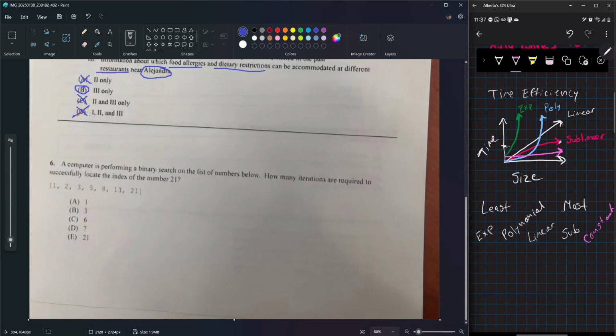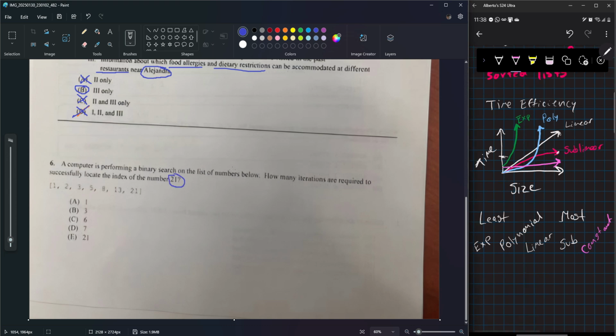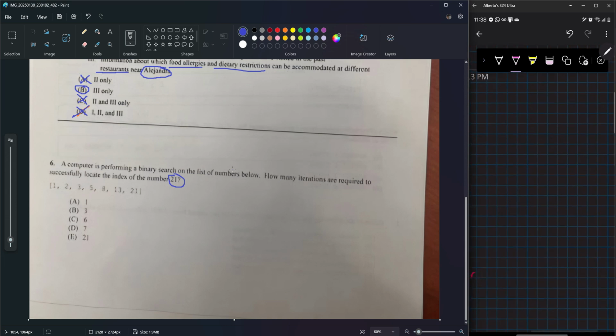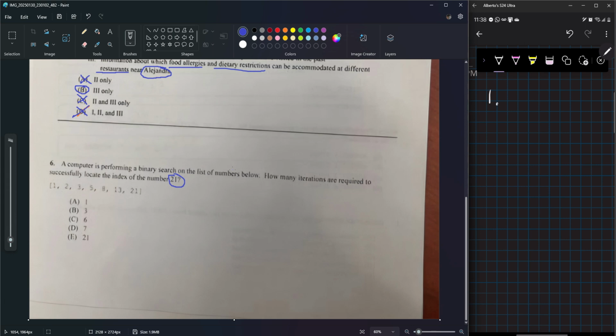So 5. A computer is performing binary search on the list of numbers below. How many iterations are required to successfully locate the index of number 21? So we're looking for number 21. Again, for binary search, we have 3 steps. The first one is to find the middle. The second one is to compare.